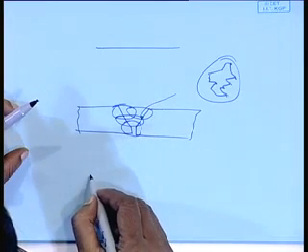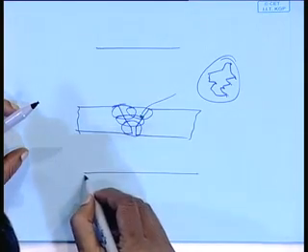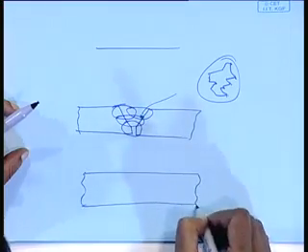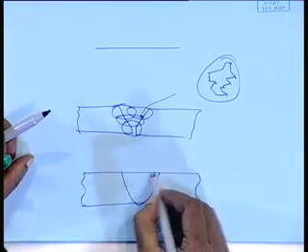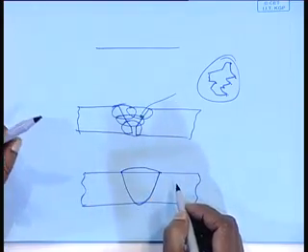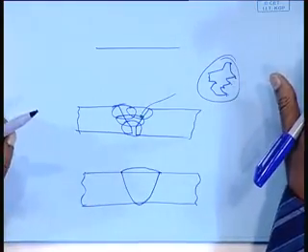Porosity. If your welding speed is not adequate, rather on the higher side, then what may happen is that the gases formed, depending on the process, get entrapped. Suppose you are using shielded metal arc welding, the flux is burning, giving out gas which is shielding the molten metal, or you are using gas metal arc welding, where gas is injected on the weld pool surface for shielding.